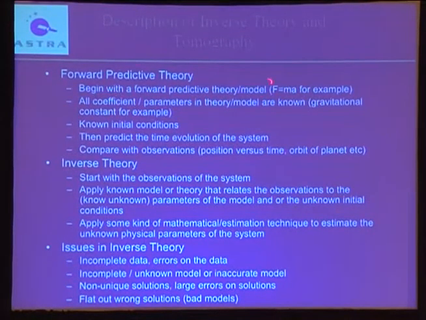In general, we're taught that all the coefficients are known and the theory's exact. So basically, if you start off with your known initial conditions, the position and the velocity, then you can predict where the ballistic trajectory of the particle goes, everything else. That's a forward model, and we can compare with observations, and that's fun. I wish we could do it, because then it's a lot easier. You just get to see how these things time evolve and move on.